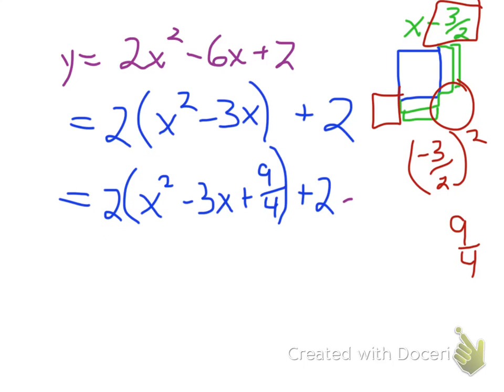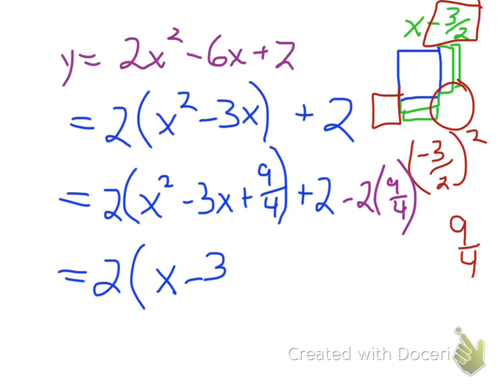So I'm subtracting away 2 times 9 over 4. And now I can simplify this. 2 times, in parentheses, x minus 3 over 2, which again is the side length of my square. I get that 3 over 2 by taking this b value right here and dividing it by 2.